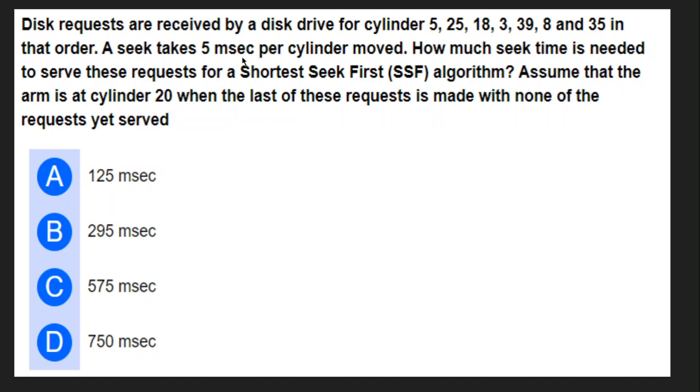The answer I have got is 59 head movements, and 5 milliseconds is the time for each cylinder movement. So we have 59 movements, 59 into 5, which is equal to 295. This is the answer for this question.